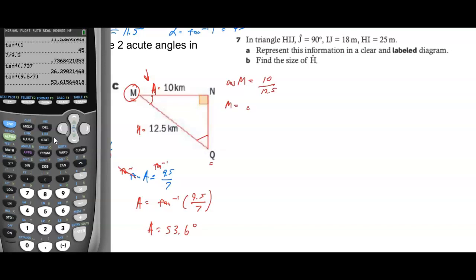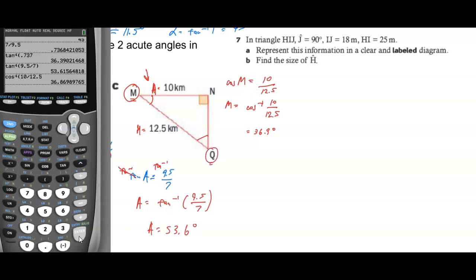Inverse cosine of 10 divided by 12.5 will be the answer. So inverse cosine of 10 divided by 12.5 is 36.9 degrees.